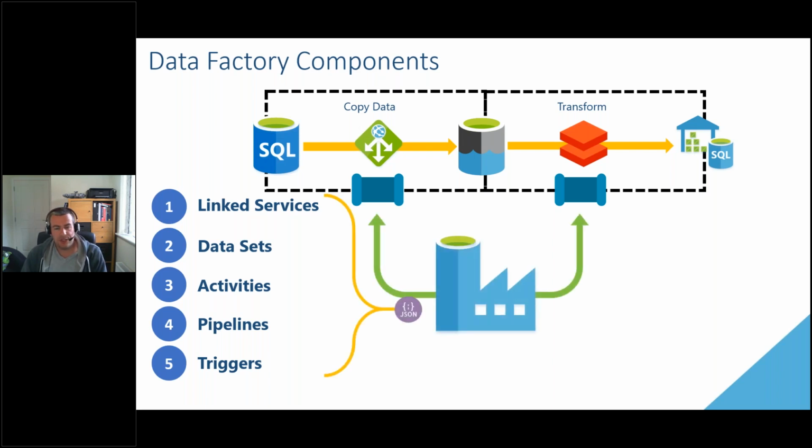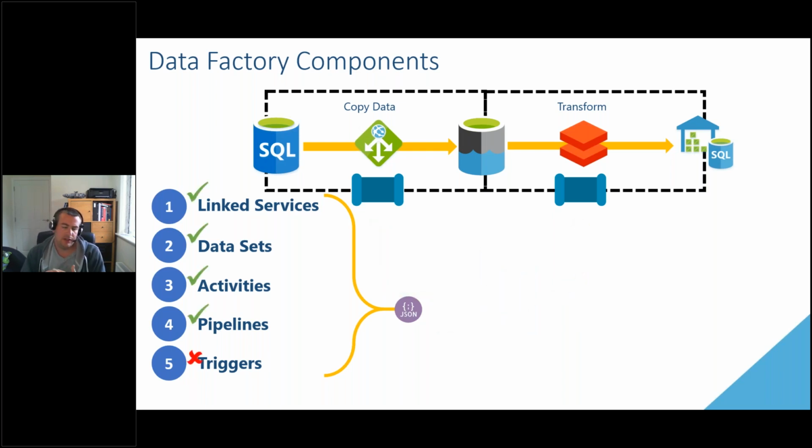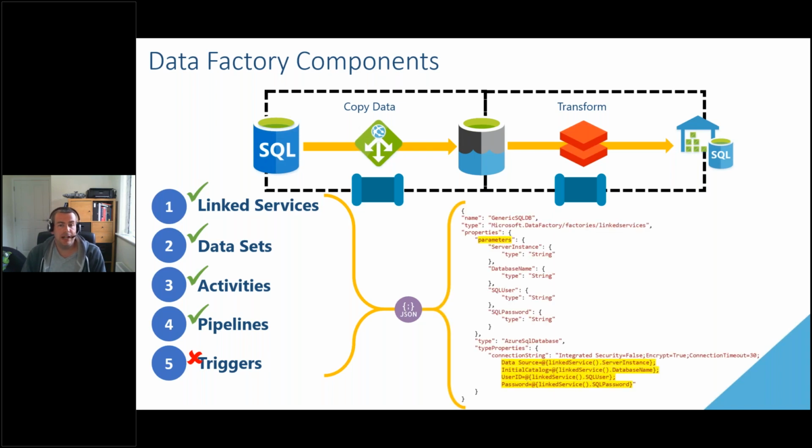So if we come back to that orchestrator, as we like to illustrate, we can say that this orchestrator has its hymn sheet of JSON, if that's not too much of a laboured metaphor. So that's our Data Factory. But then if we focus more on the JSON that goes into it, what we'll find is that for the first 4 of those components we have within our Data Factory, the JSON that we create can be dynamic.